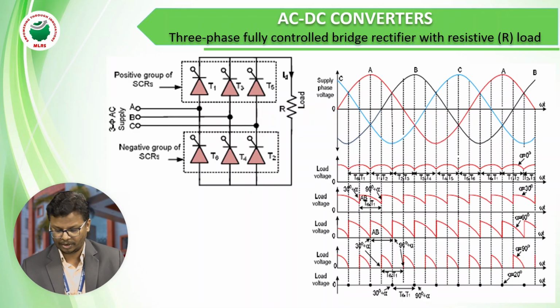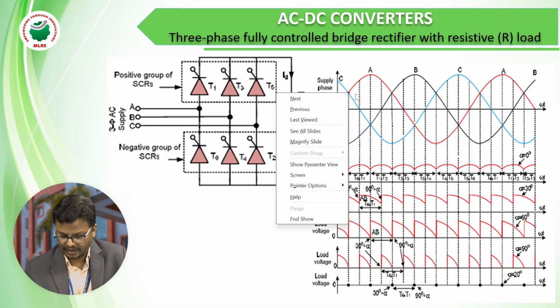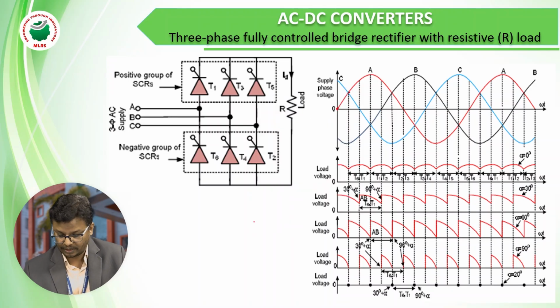The important point is, if you observe from 0 to the overlapping point, let us assume this angle is 30 degrees. Our A phase will start conduction from these 30 degrees up to another overlapping point. So this overall region will be 120 degrees.